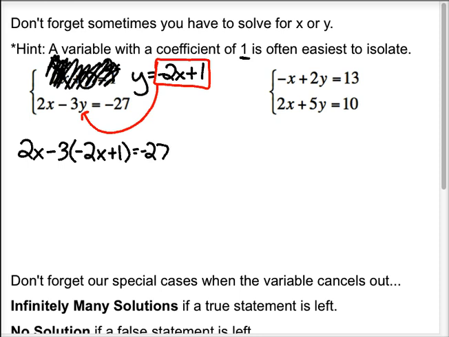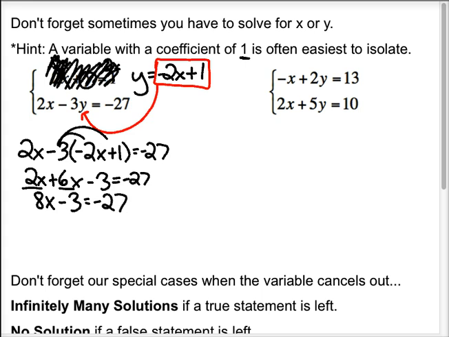Again, just substituting in what y equals. And now to solve. So distribute the negative 3. So 2x plus 6x minus 3 equals negative 27. I can combine my like terms. 8x minus 3 equals negative 27.